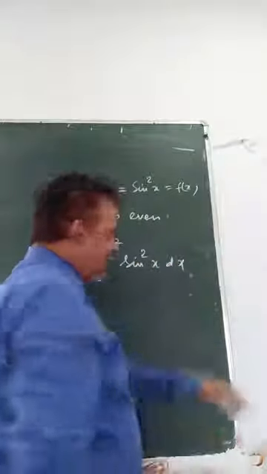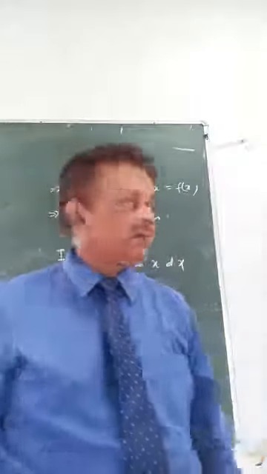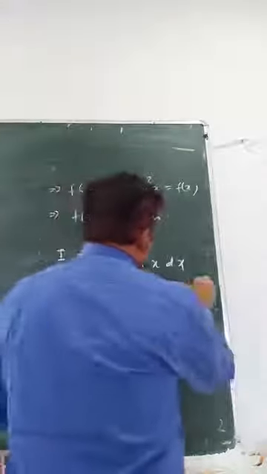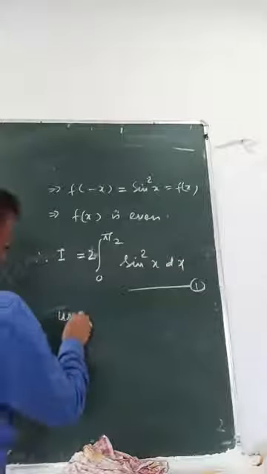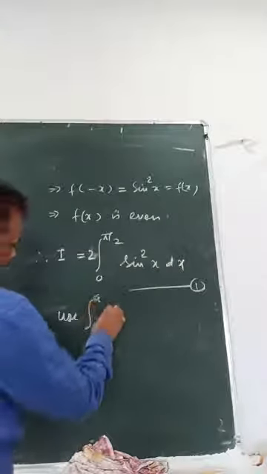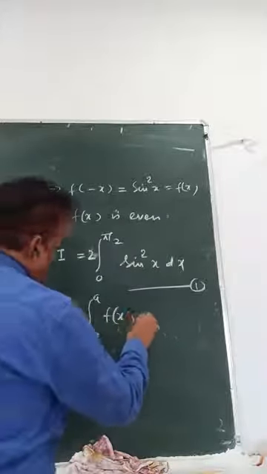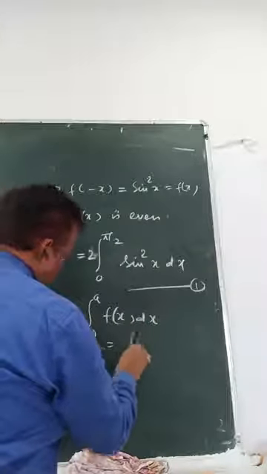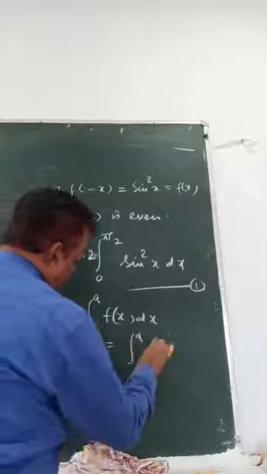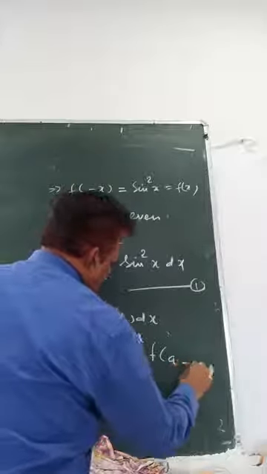Okay, this is simplified. How to solve it? Here you can use property number 1. What is property number 1? Integral from 0 to a of f(x) dx equals integral from 0 to a of f of a minus x dx.